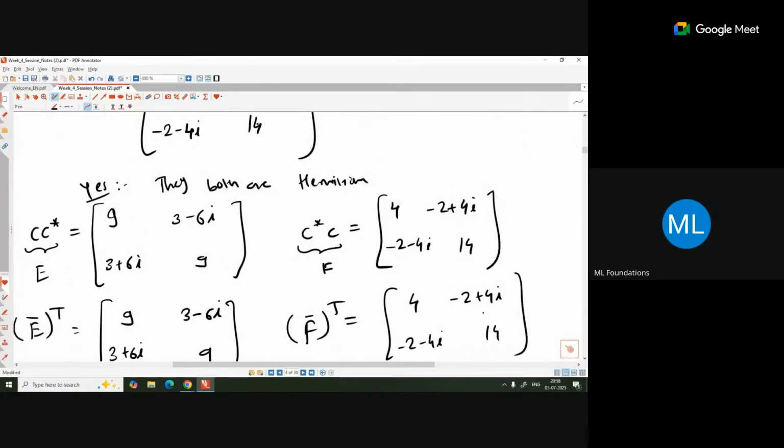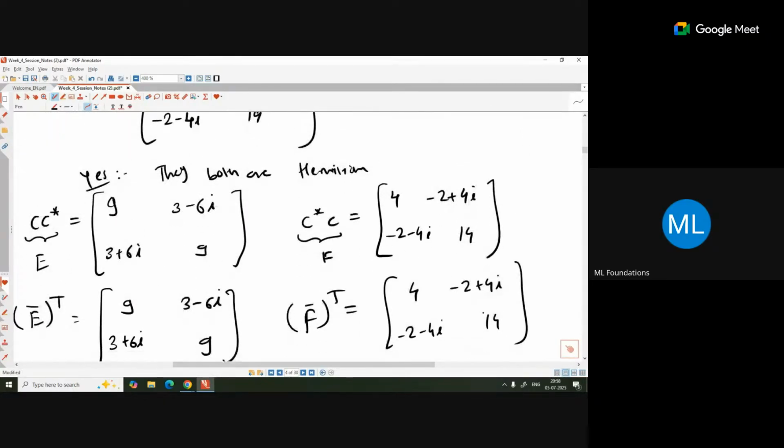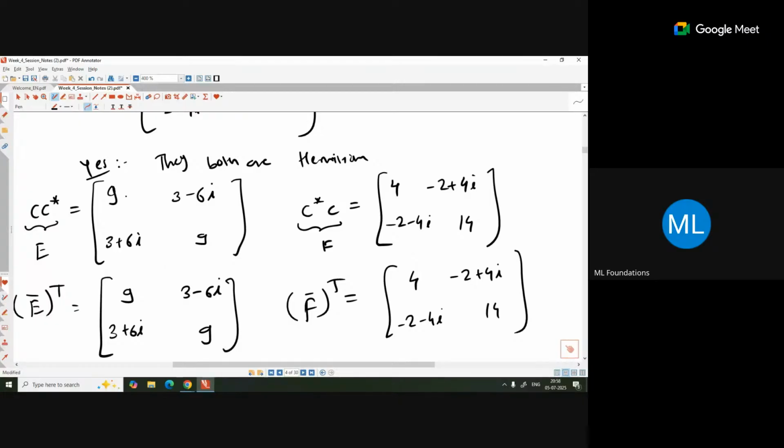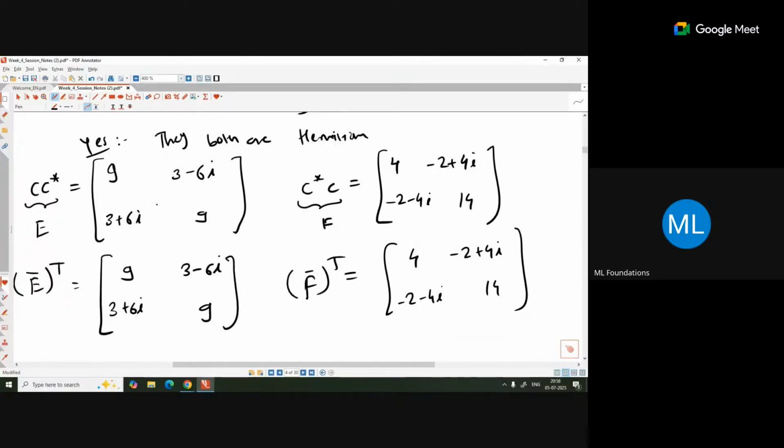You can see that in Hermitian matrices the off-diagonal elements are kind of equal, but conjugates.